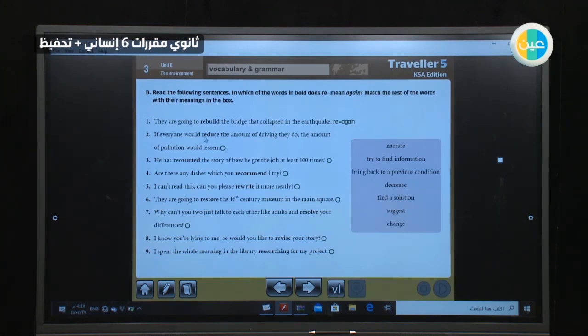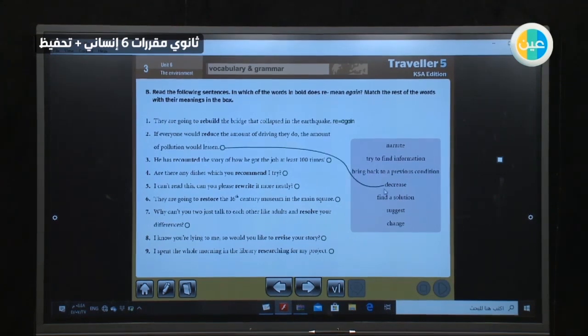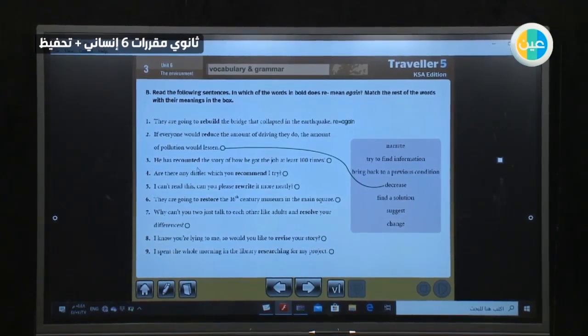Does it mean do something again, or is it part of the word? Yes, it means decrease, make it less. He has recounted the story of how he got the job at least 100 times. It happens with some people, they repeat the story many times.